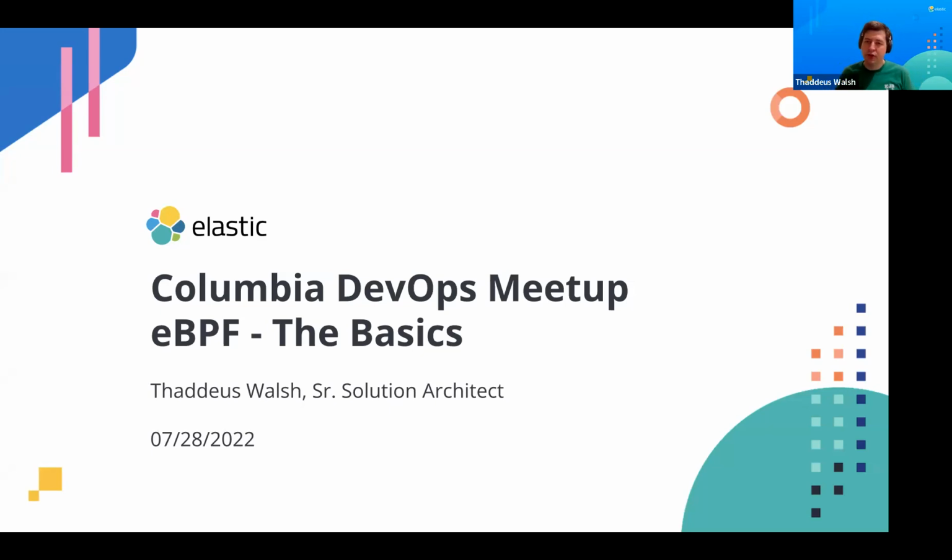I'm a senior solution architect on the East Enterprise team for Elastic. I joined Elastic last September by way of an acquisition. I was working as a solution architect for a small startup firm based out of Vancouver called CMD.